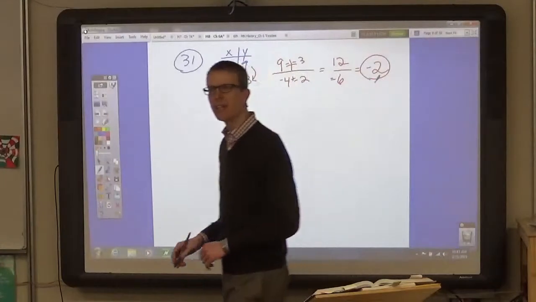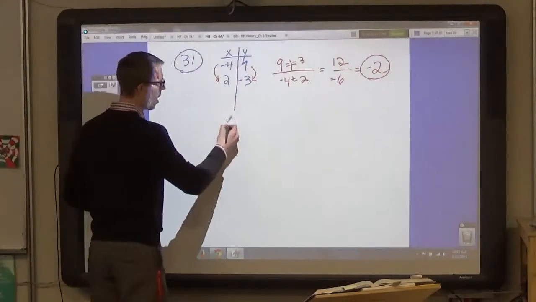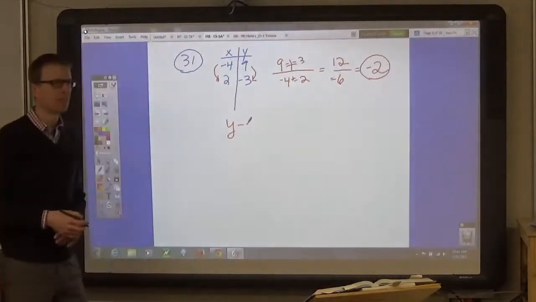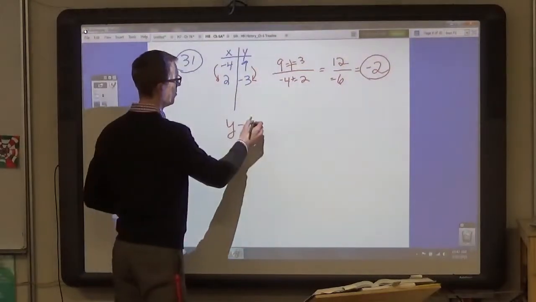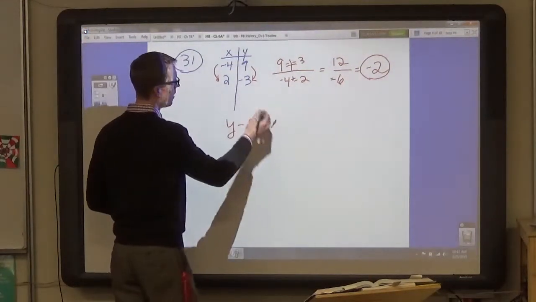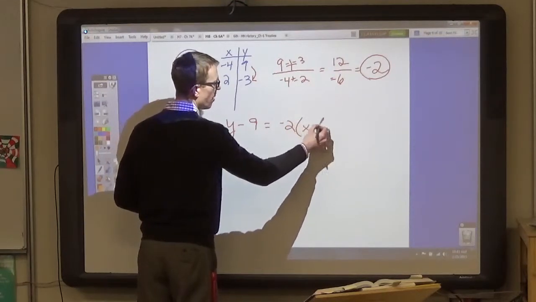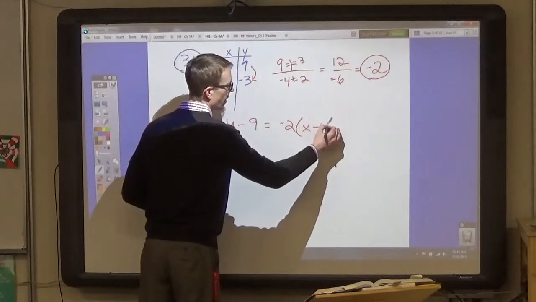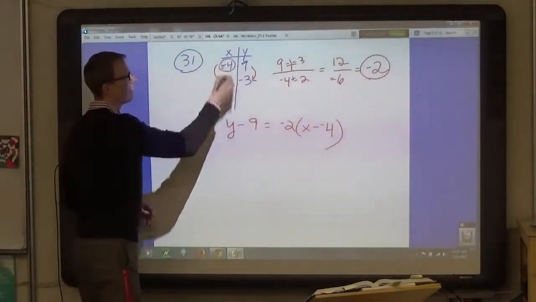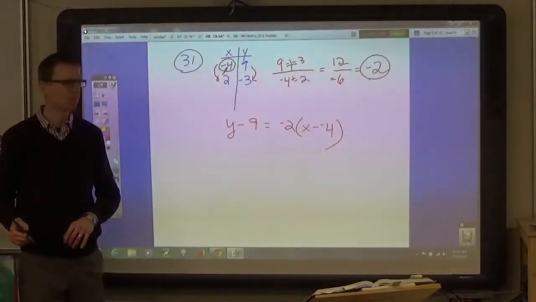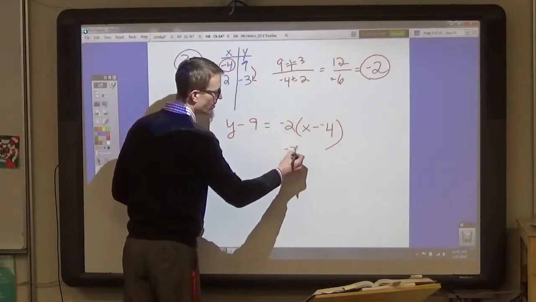Now use that to write our point-slope equation. So y minus y1 equals negative 2, that's m, times x minus negative 4. You have to use the negative, okay? Now distribute the negative 2.